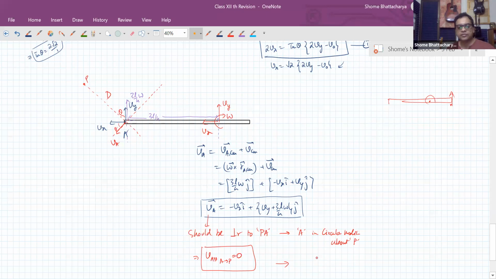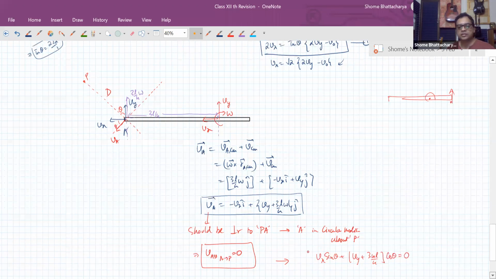So we will have Vx sin theta plus Vy plus 3 omega L by 4, whole thing into cos theta, should be 0.